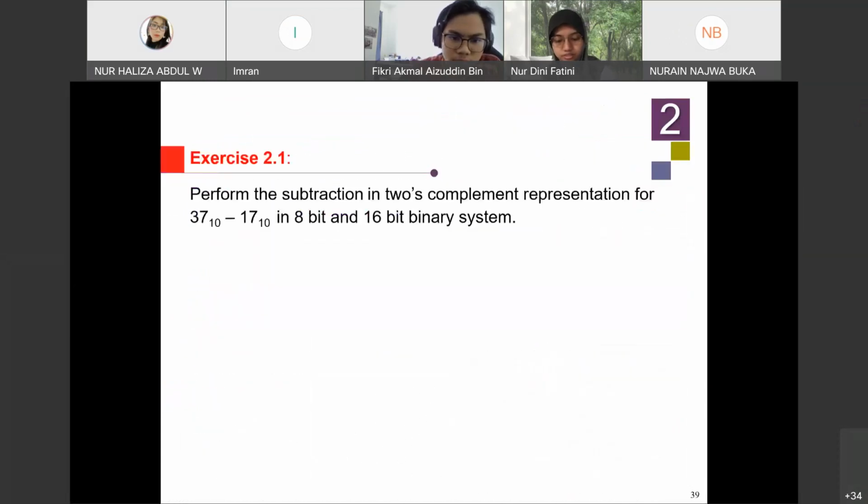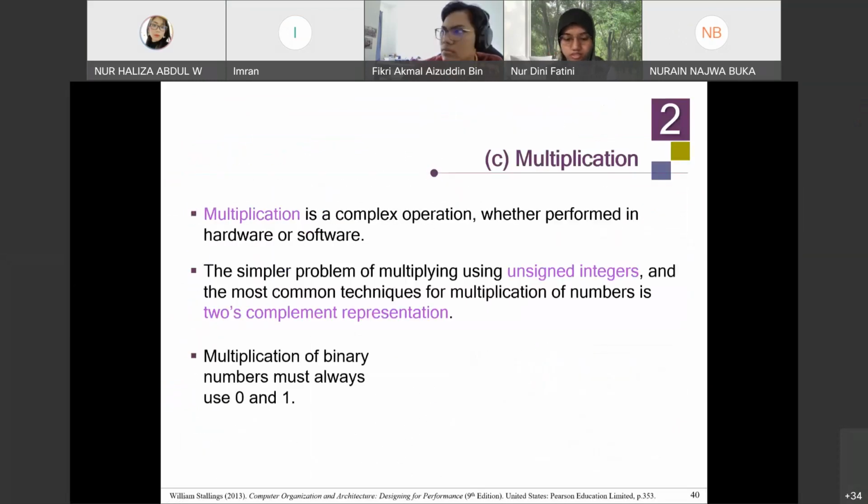We are at multiplication. No need for me to explain multiplication, you know what it is. But how are you going to multiply using your negation or second complement?